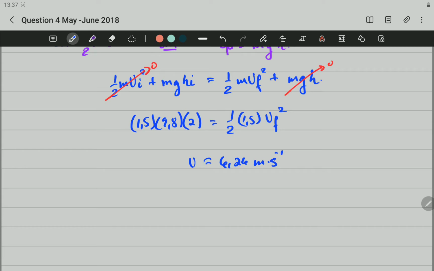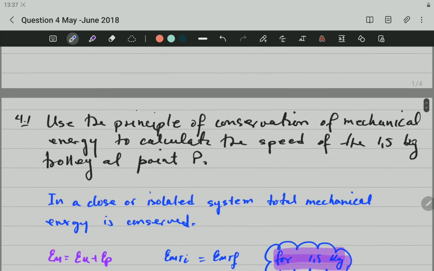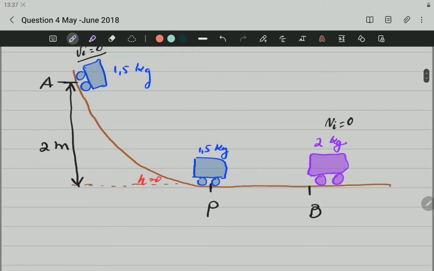That is the answer for this question. So that is the speed of the trolley at point P, 6.26. Let's write it here in the picture. The speed here is going to be equal to 6.26 meters per second. Okay, that is at point P.